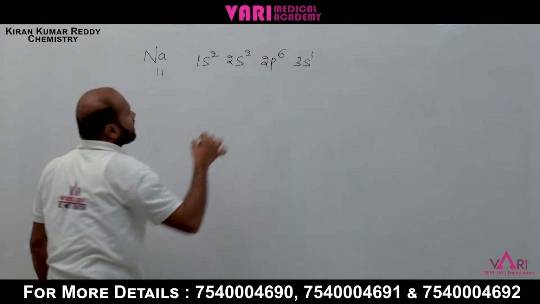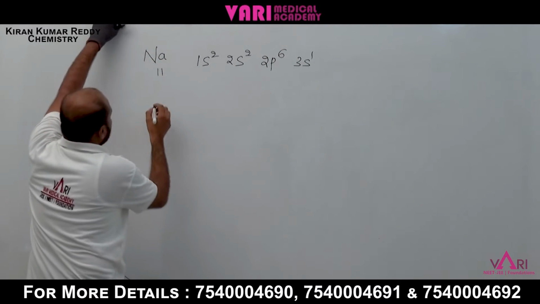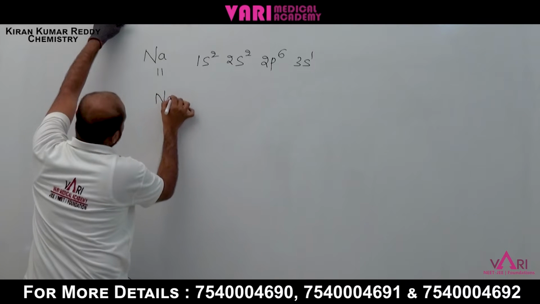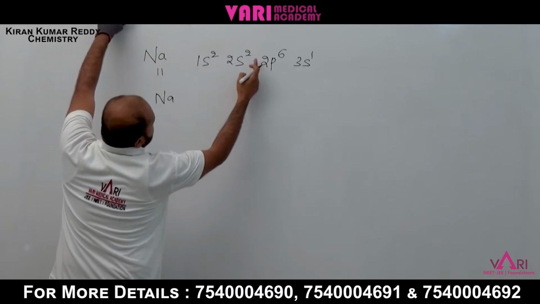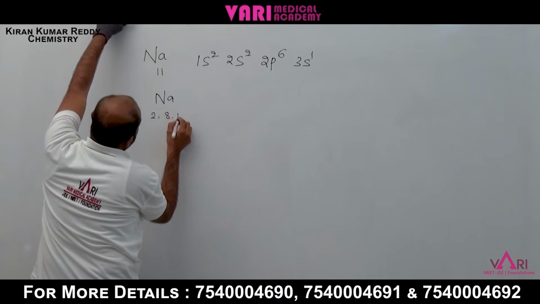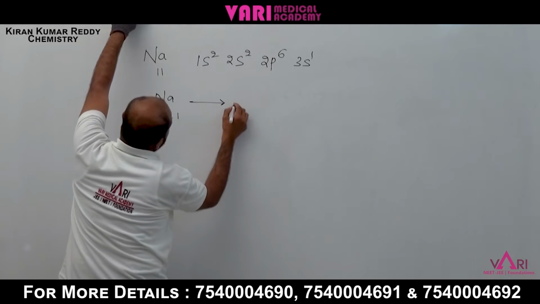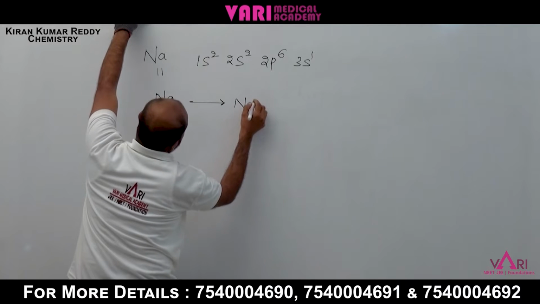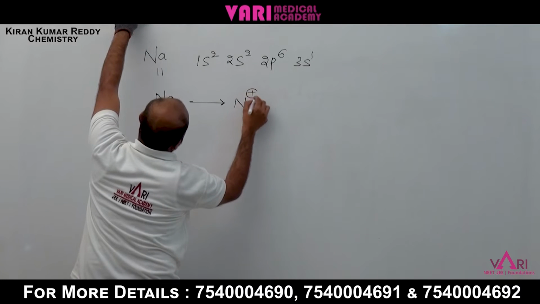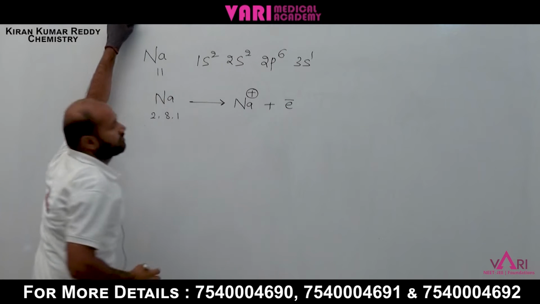That is 2, 8, 1. Removing an electron means Na plus is formed. If it loses an electron, it becomes positive.